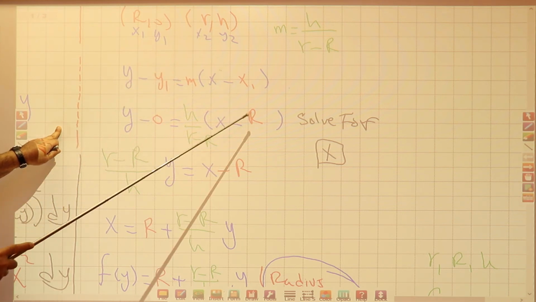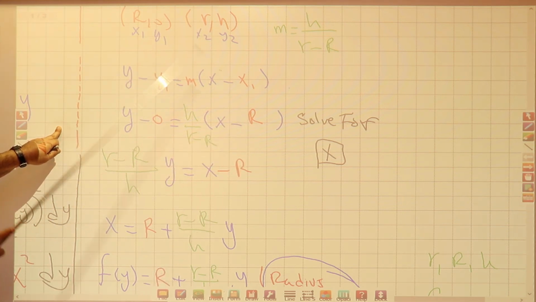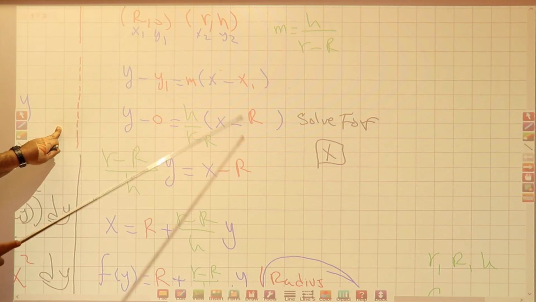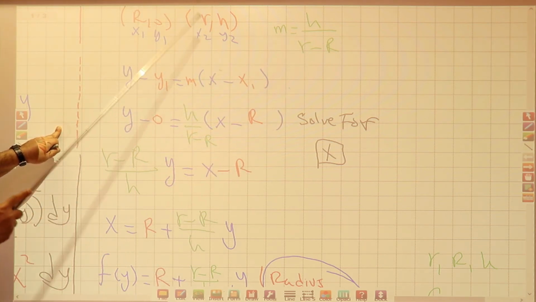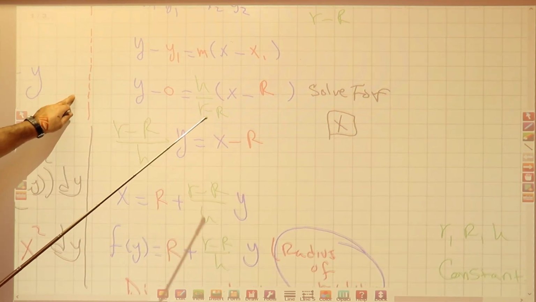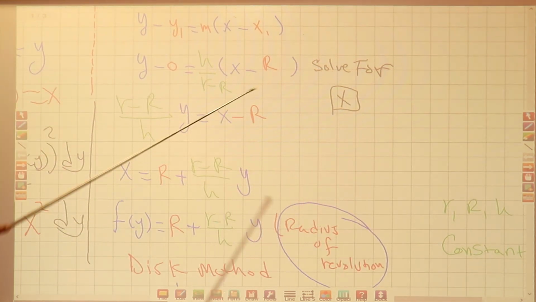And x1 is what? r. The slope is h over R minus r. Good. Now after this step, solve for x.